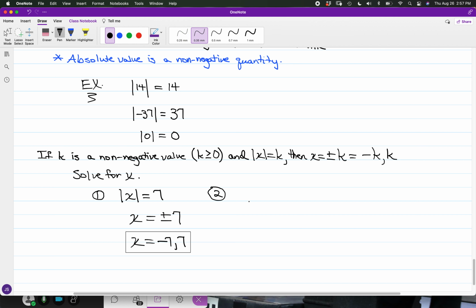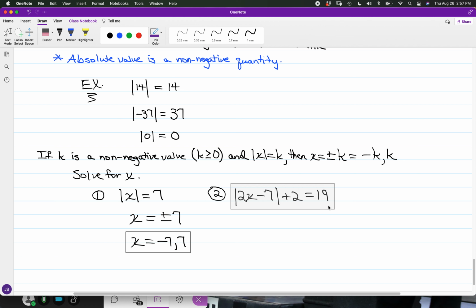And let's say that we have a multi-step equation. Now if I have the absolute value of 2x minus 7, plus 2, is equal to 19, and I'm looking at solving for x.